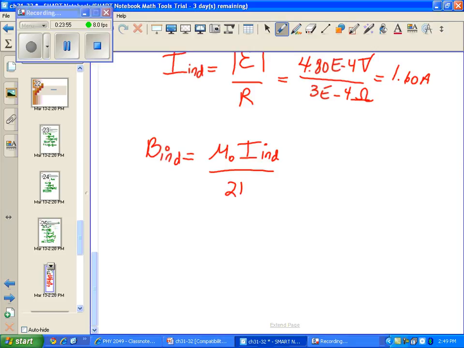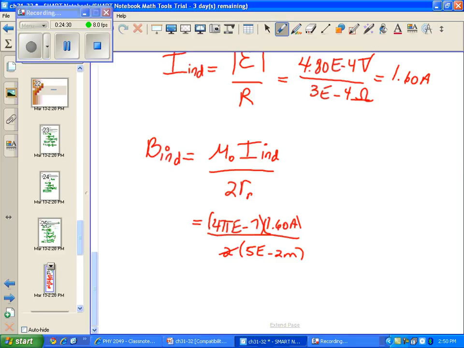So this is mu naught I induced over 2 times the radius of the ring, and this time we're using the radius of the ring because we want the magnetic field at the center of the ring, and that magnetic field is the induced magnetic field. 4 pi e to the minus 7, and that is of course because of the induced current, 1.60 divided by 2 times 5e to the minus 2 meters.